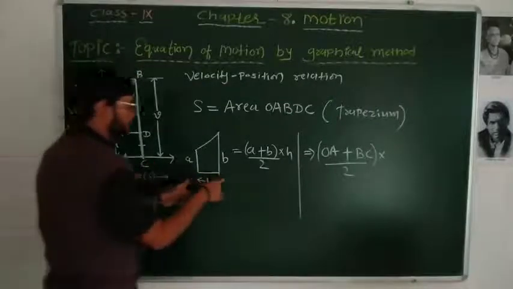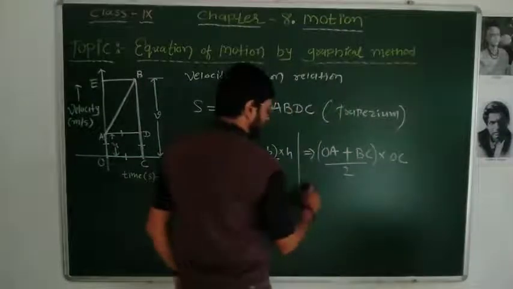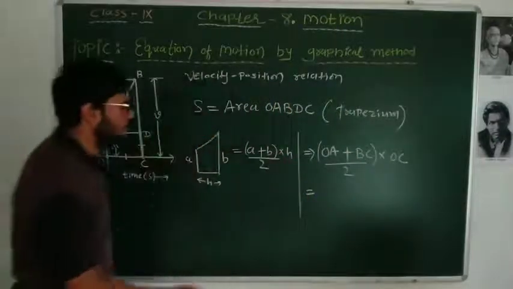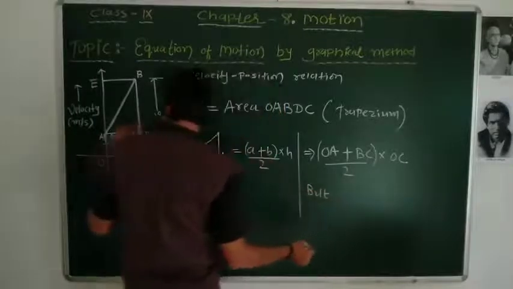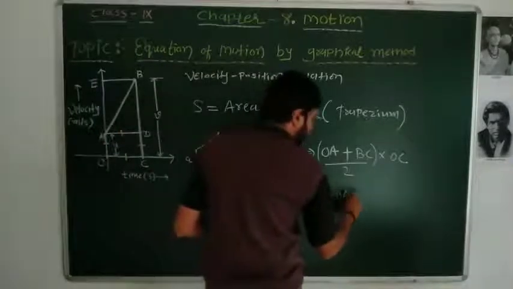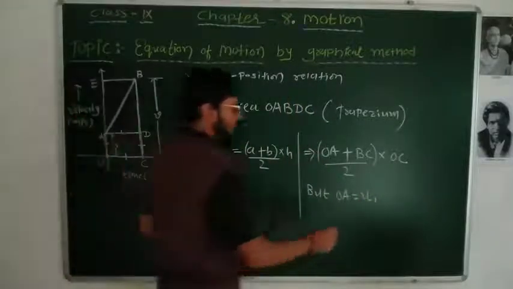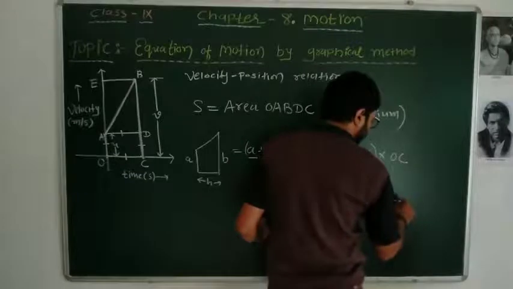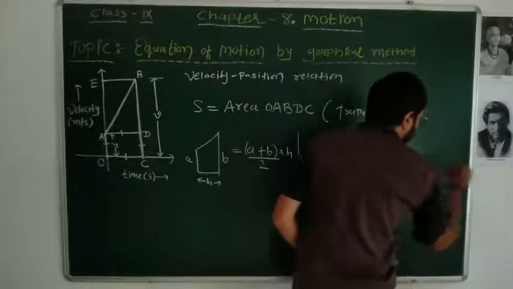From this figure, OA is the initial velocity, BC is the final velocity of the object, and OC is the time interval, that is t.